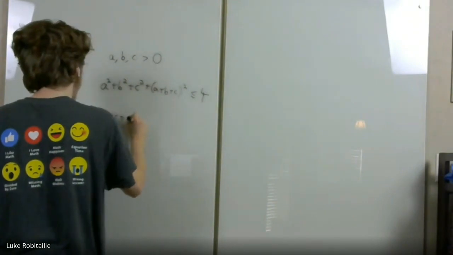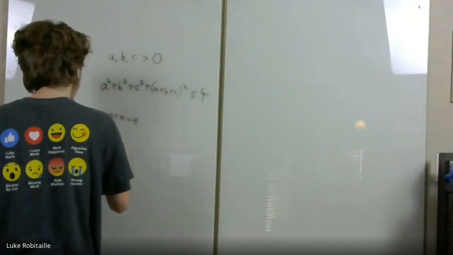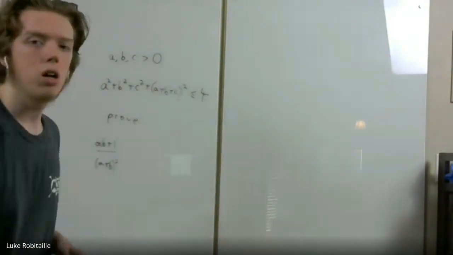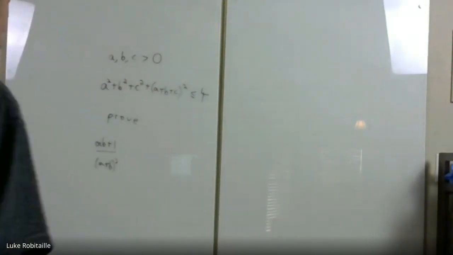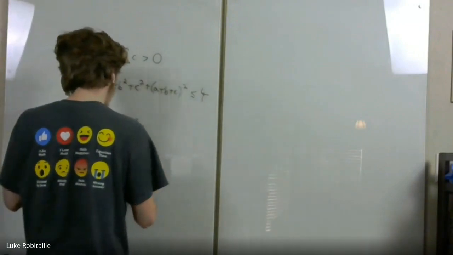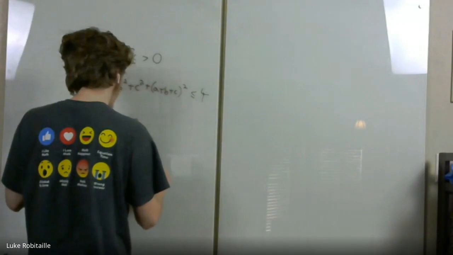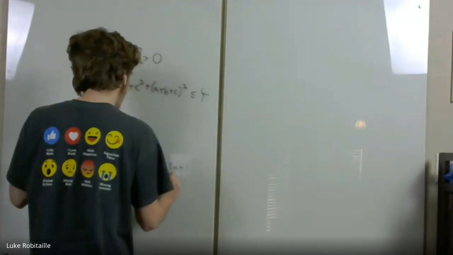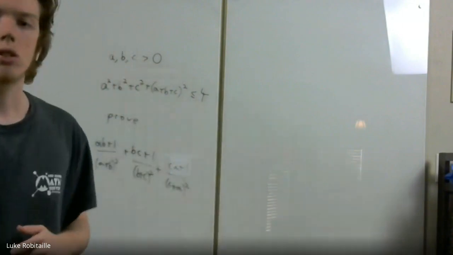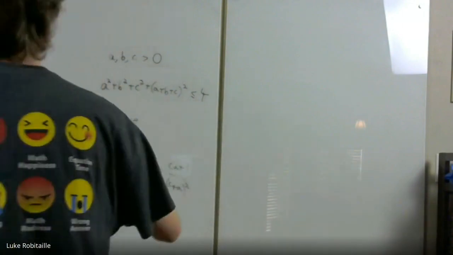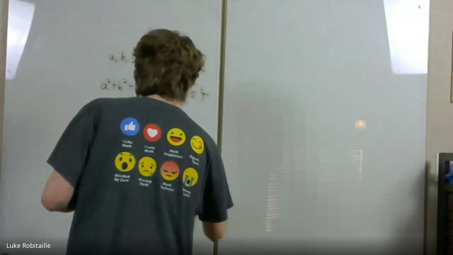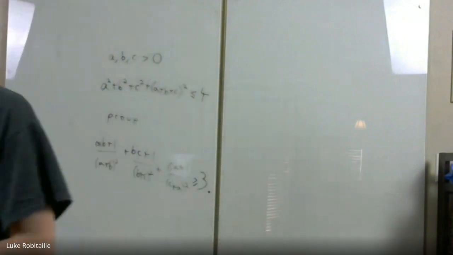Prove that 1 over (ab plus 1) plus 1 over (a plus b) squared plus the sum of similar things is greater than or equal to 3. Okay.